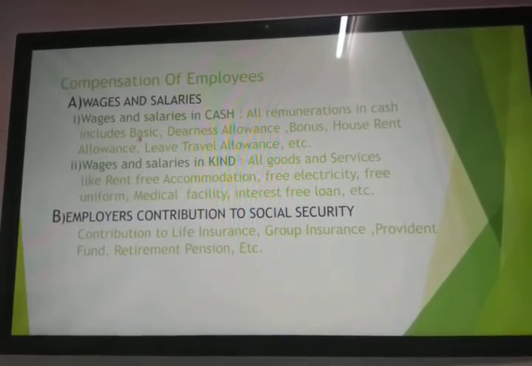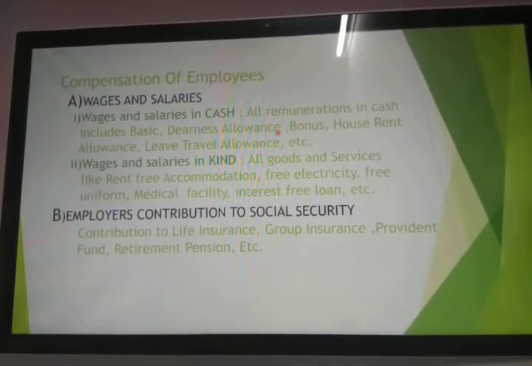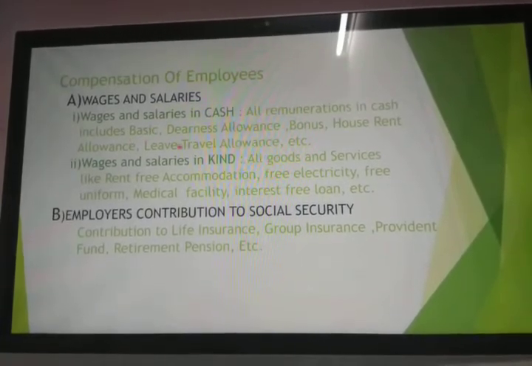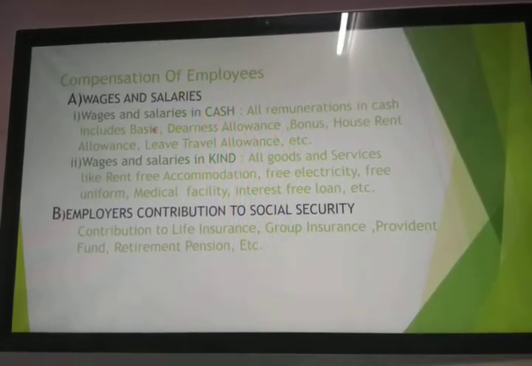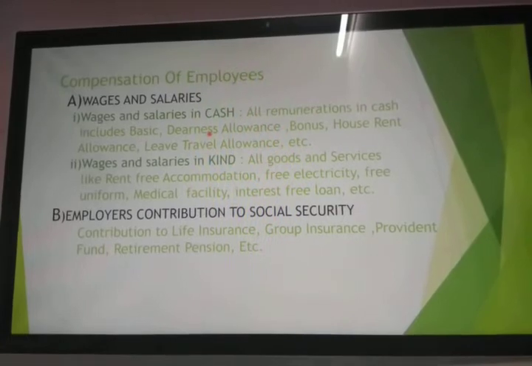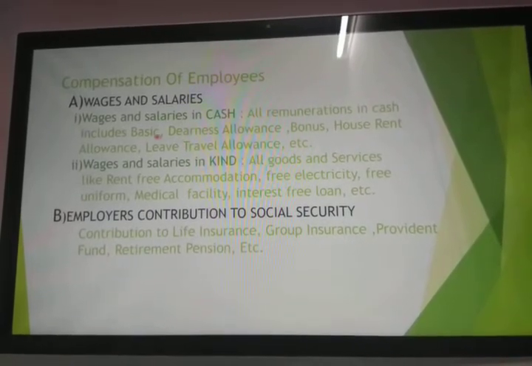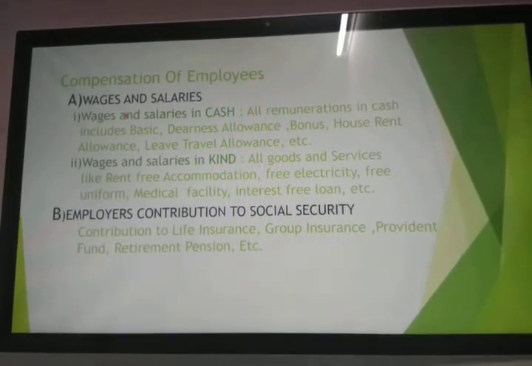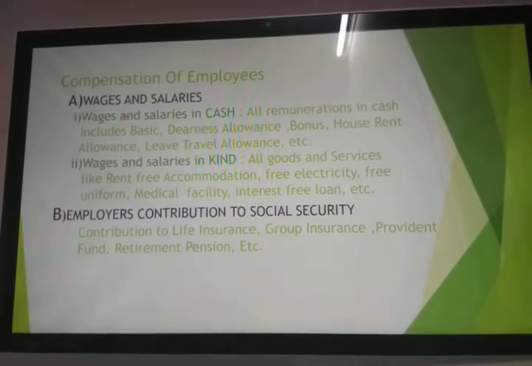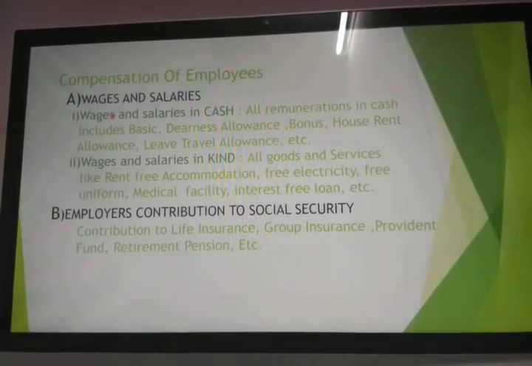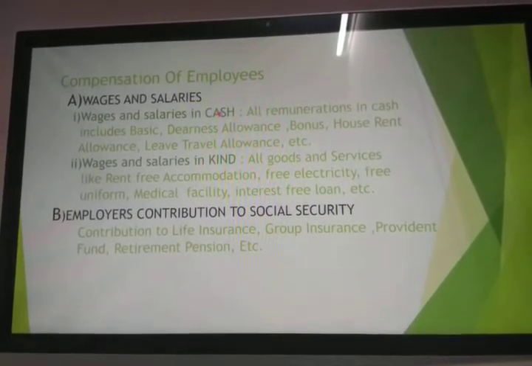That includes basic pay, dearness allowance, bonus, house rent allowance, leave travel concession or allowance, medical allowance, entertainment allowance, etc. All such allowances which a worker gets in the form of wages in cash.